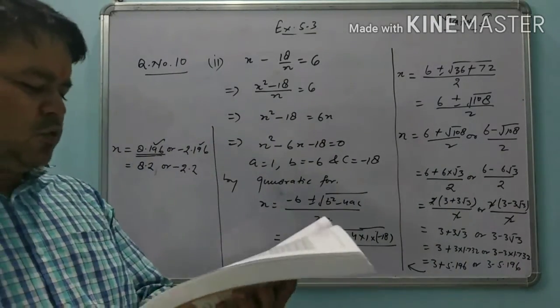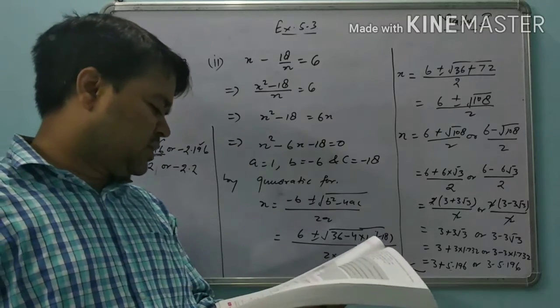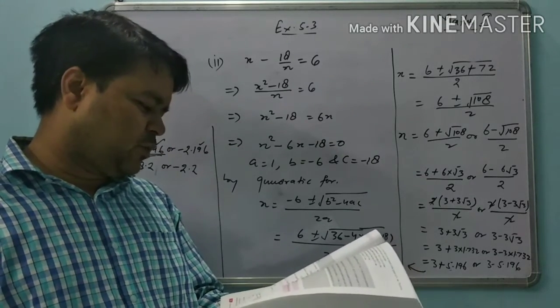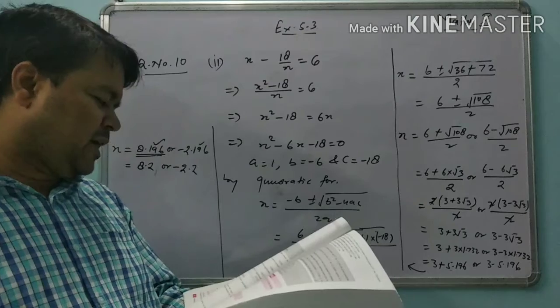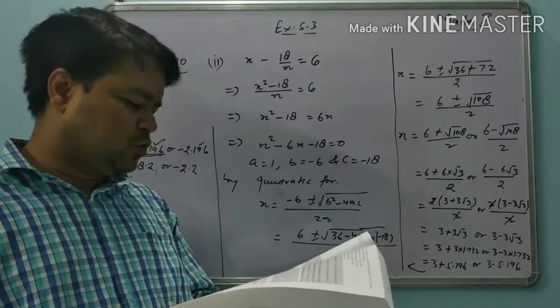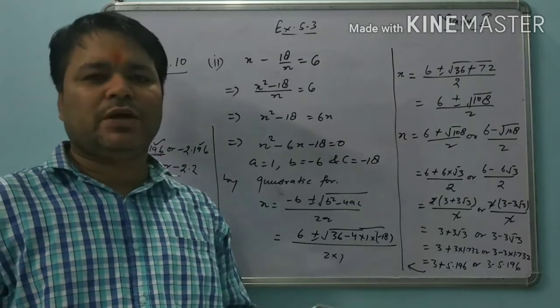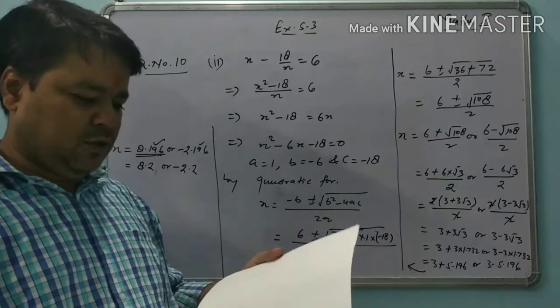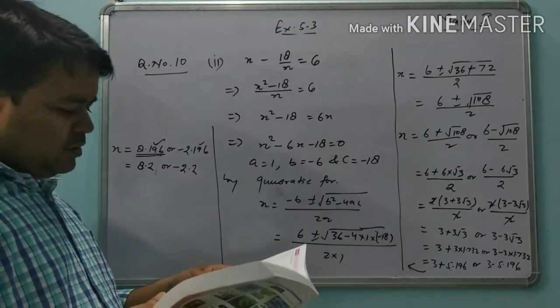Now, the last question is given. Solve the equation 5x square minus 3x minus 4 is equal to 0 and give your answer correct to two significant figures. This is question number 11 of the new.